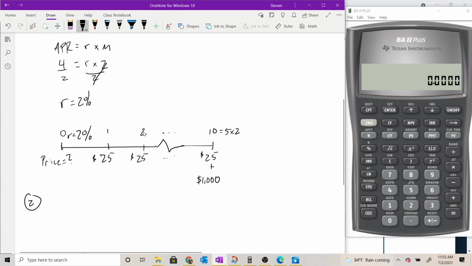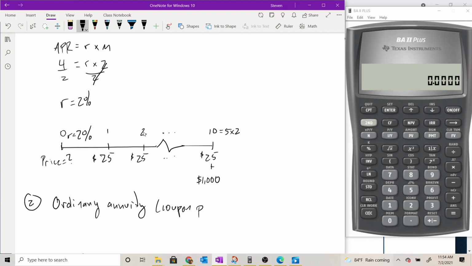Okay, so let's map out. We've got an ordinary annuity, the coupon payments. And then we also have a lump sum. That's the face value.